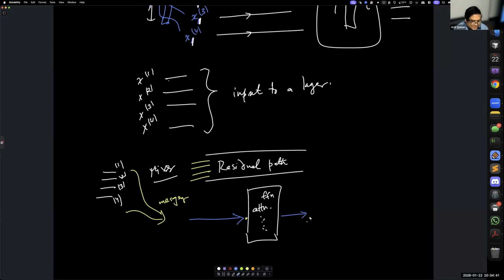Let me call this layer output F, and the signal from the merger will produce this. But now do you have a problem? You can't add these 4 yellow lines to a single blue line, can you? What you need to do is somehow break up the blue line into 4 blue lines.